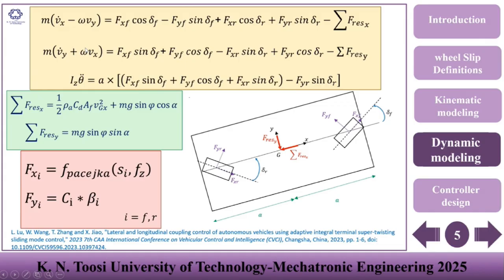The longitudinal forces here are the same forces from the modeling with the slip ratios, which we saw earlier. And the lateral force is an approximate linear form of that force with the slip angle, with some proportional coefficients here, which is C_alpha.